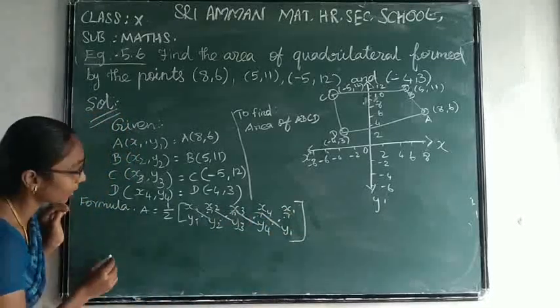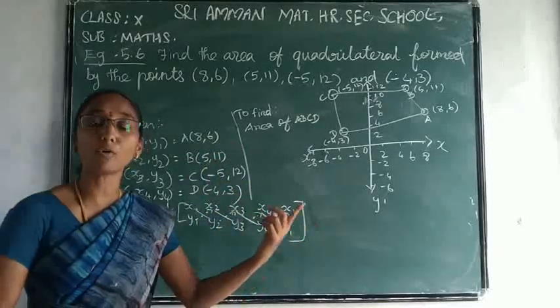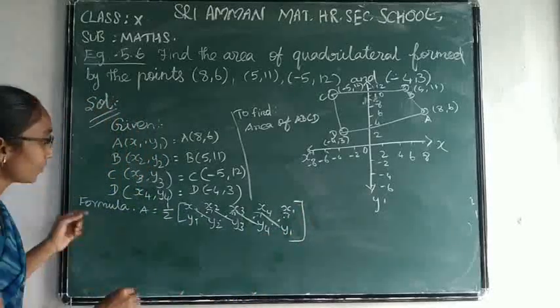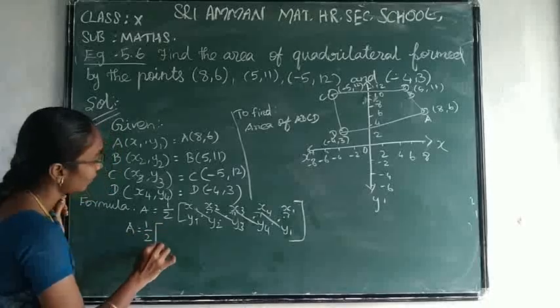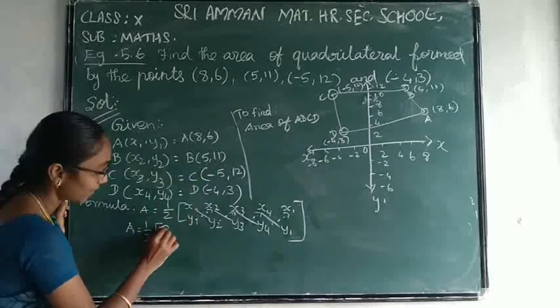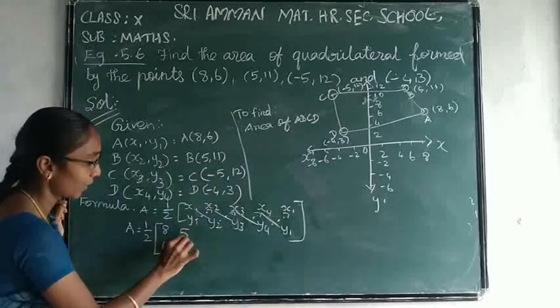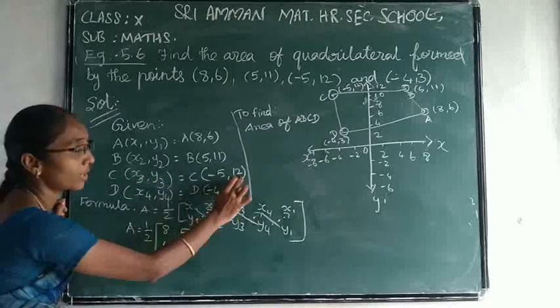This is the formula. Now substitute the values of x1, x2, x3, x4 and y1, y2, y3, y4 in this formula. So A equal to half into, x1, y1 is 8, 6. x2, y2 value is 5, 11. x3, y3 is minus 5, 12.